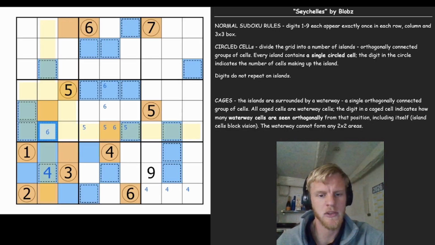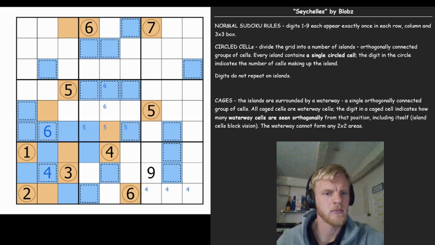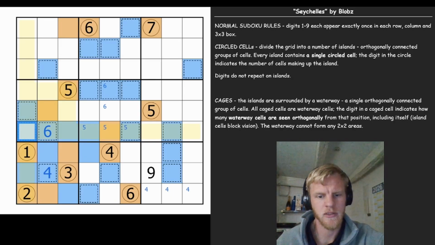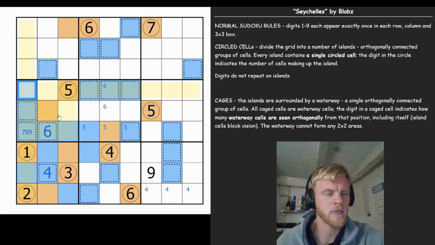So this has to be the 6, which sees 2 other land cells. No 6 in here. Now we do know that's already 4, can't be 5, can't be 6, so that's 7, 8, or 9. So this is definitely blue.